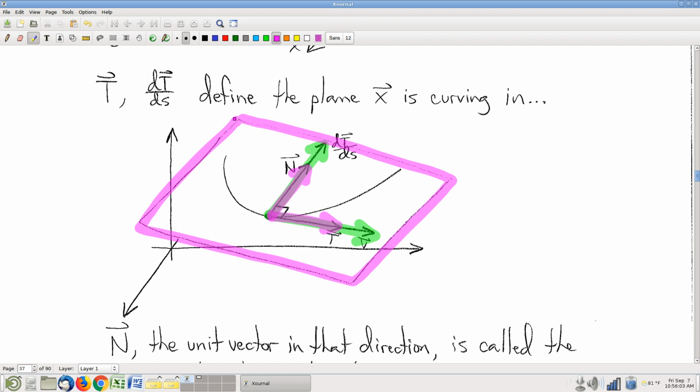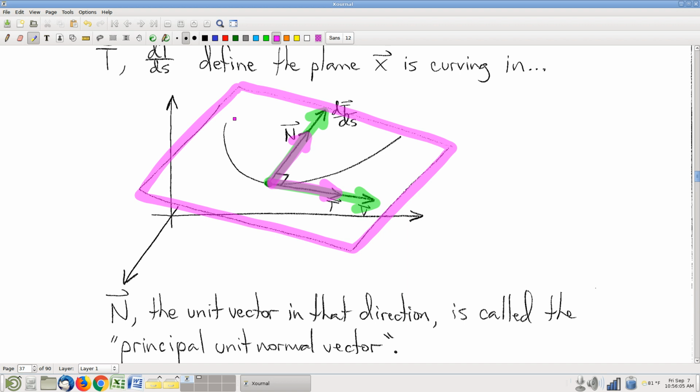This is what we call the plane of motion. So as you're moving along this parametric curve, this is the direction that you're moving, and this is the direction you're sort of turning into. So between your velocity and your acceleration, you're moving kind of within this plane.